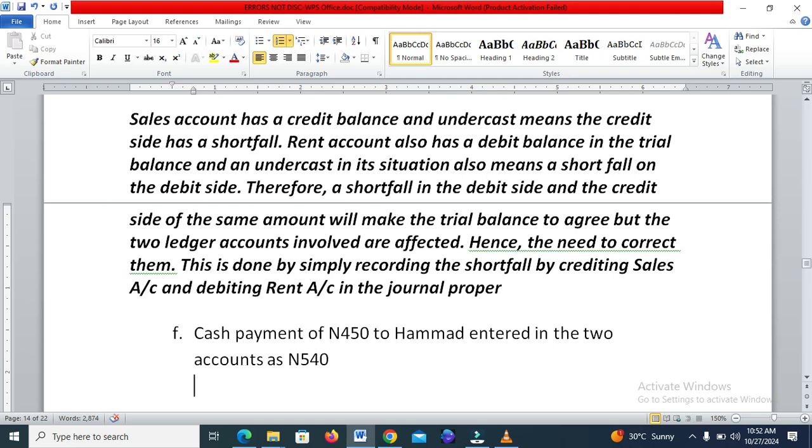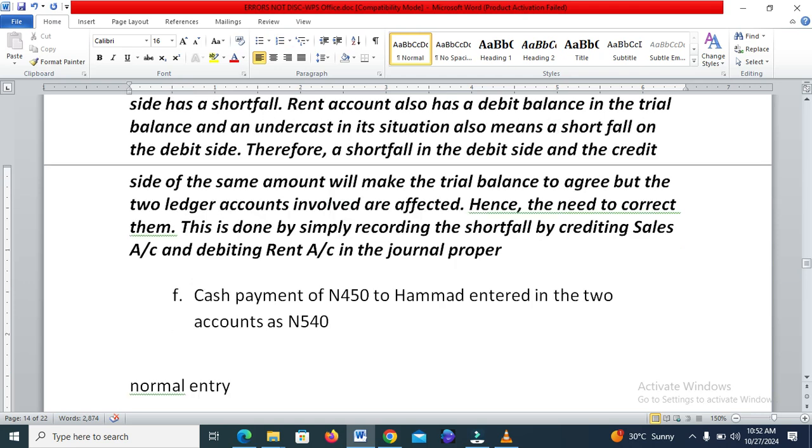So we know that sales account is credit while rent account is debit. So you credit your sales account with 500 naira and debit your rent account with 500 naira. That is the correct entry for error of compensation that has to do with undercast. It can also come in the form of overcast, but the question here does not tell us to do that.